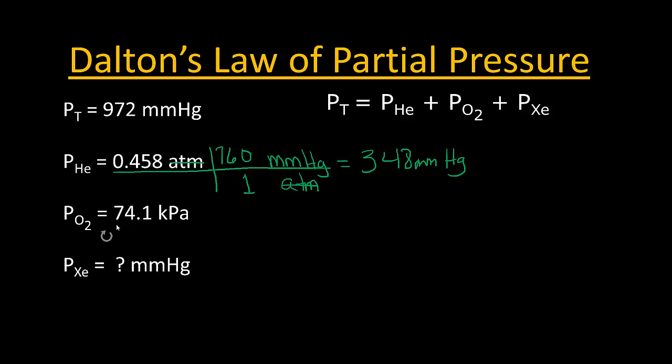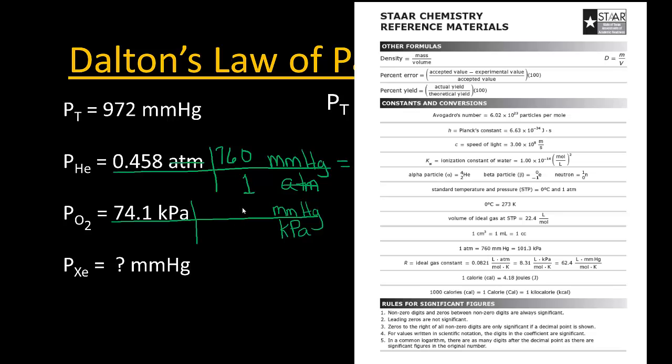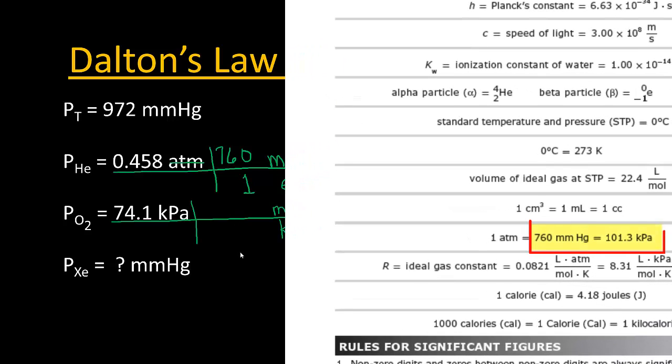Now I need to do the same for the pressure of oxygen. I'm going to convert my kilopascals to millimeters of mercury. So whatever units I have on the upper left, I put in the lower right. And I'm converting to millimeters of mercury, so I'm putting those units on the upper right. And I look at my reference sheet to find out what the relationship between millimeters of mercury and kilopascals is.